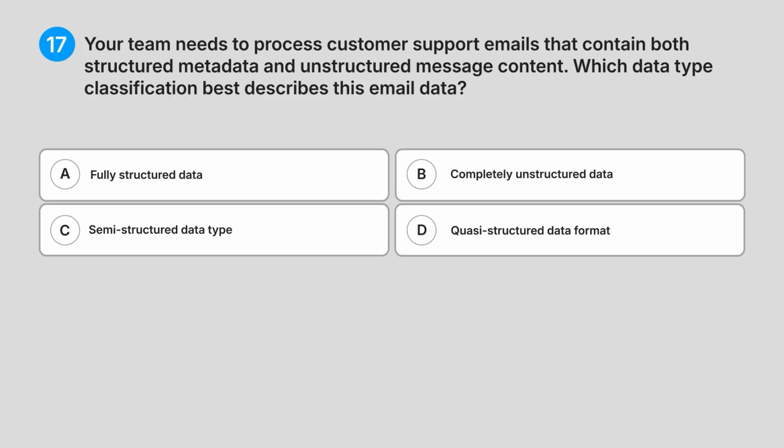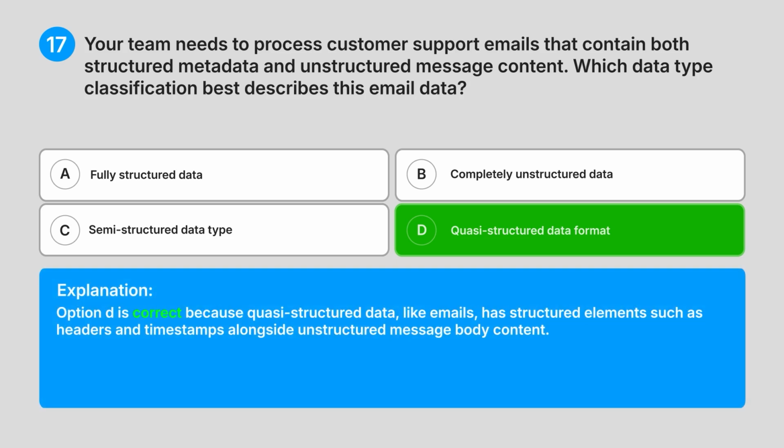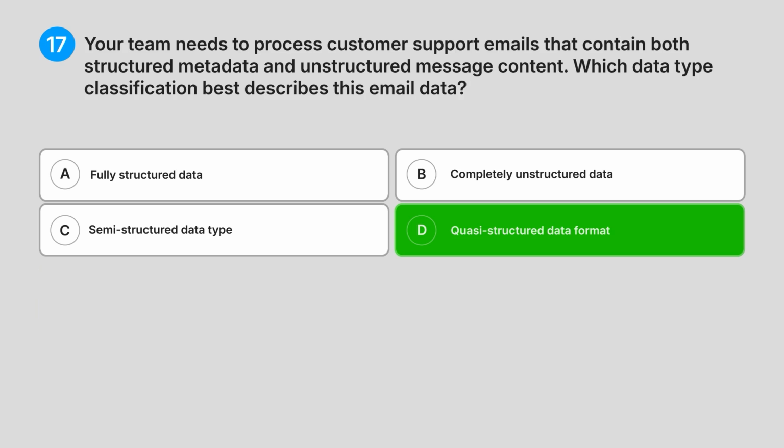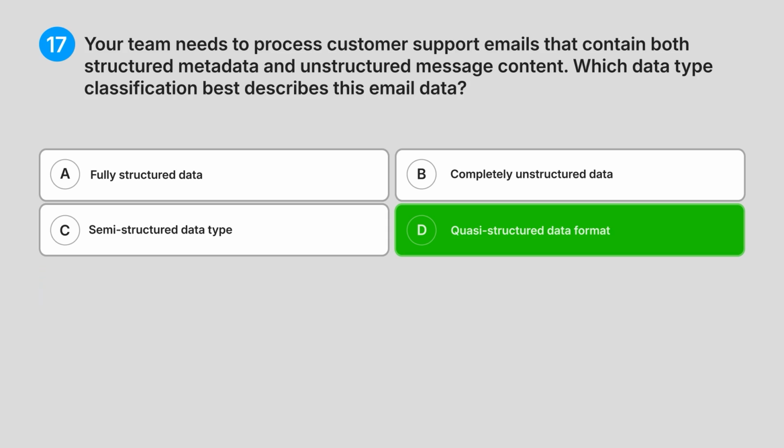Correct answer, D. Quasi-structured data format. Explanation. Option D is correct because quasi-structured data like emails has structured elements such as headers and timestamps alongside unstructured message body content. Option A is incorrect because fully structured data would require all content, including message bodies, to follow a rigid schema.